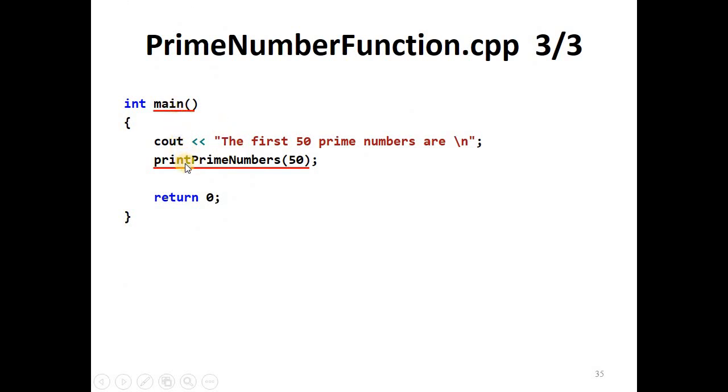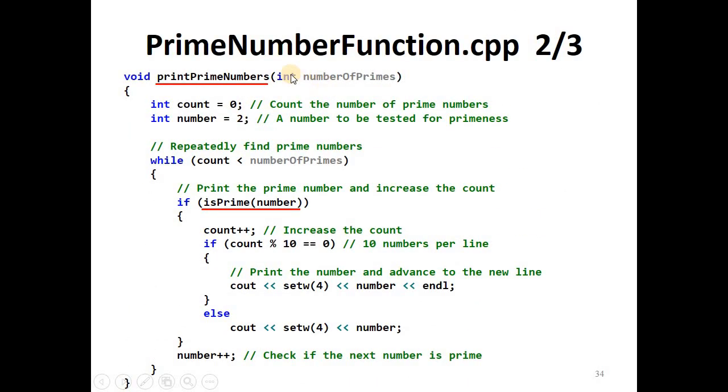The main function simply prints the first 50 prime numbers are. It calls the print prime numbers function with an argument of 50, and when this function is called, it prints the first 50 prime numbers in a table.